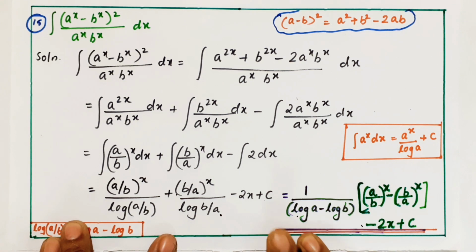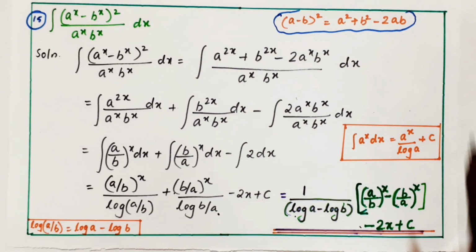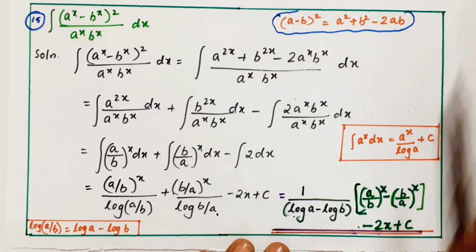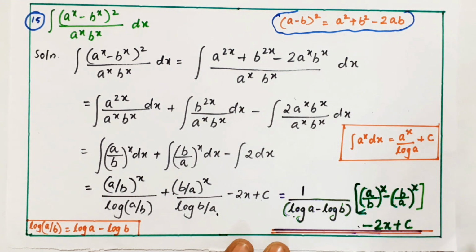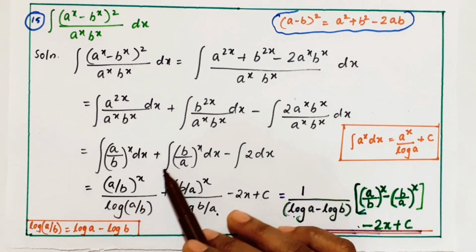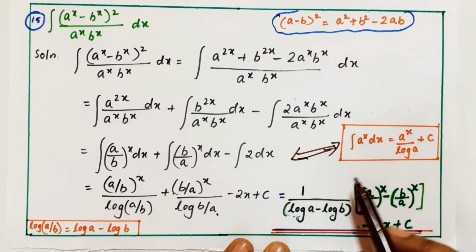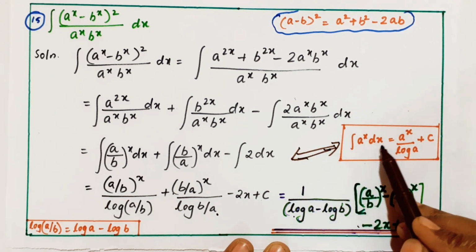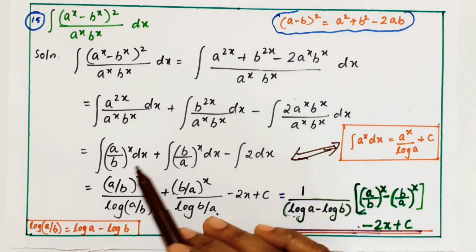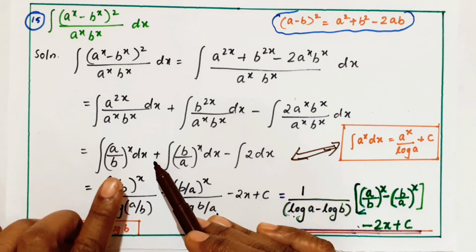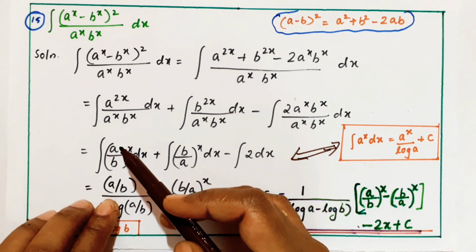Clear? So how did we do it? We got a question. In this question, first we use the identity (a − b) the whole square. After using the identity, we split the term. After splitting the term, this equation is the same as your standard result of integration: integral of a^x dx is a^x by log a plus c. But according to the question, in place of a, my term is a/b.